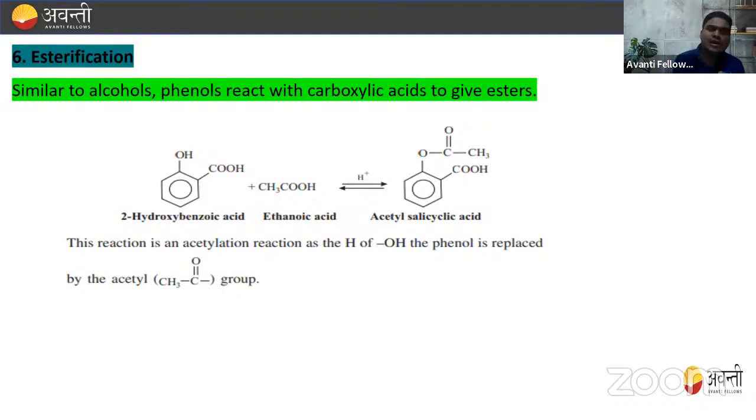So here we have 2-hydroxybenzoic acid, also known as salicylic acid. When this reacts with ethanoic acid, this reaction is reversible in presence of some acid. What you will get is acetyl salicylic acid. This reaction is an acylation reaction, as the H on OH of the phenol is replaced by the acetyl group. So this is known as esterification.